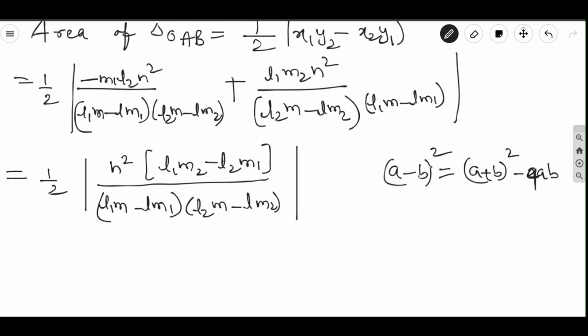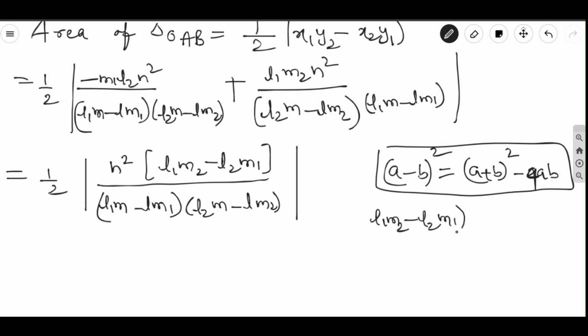Then a square plus b square minus 2ab equals a square plus b square plus 2ab minus 4ab. By using this formula, L1 m2 minus L2 m1 can be written as L1 m2 plus L2 m1 whole square minus 4 L1 m2 L2 m1.